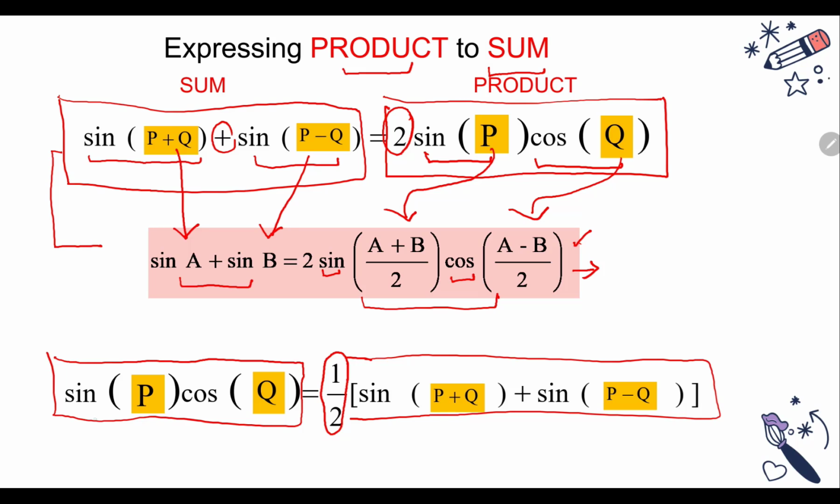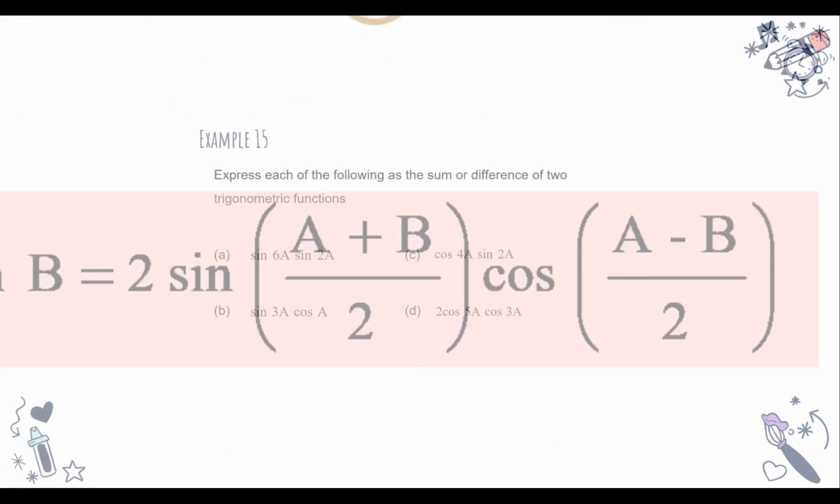Basically, to express a product as a sum, we use the factor formula, but we change A to P plus Q, B to P minus Q, (A plus B) over 2 to P, and (A minus B) over 2 to Q.